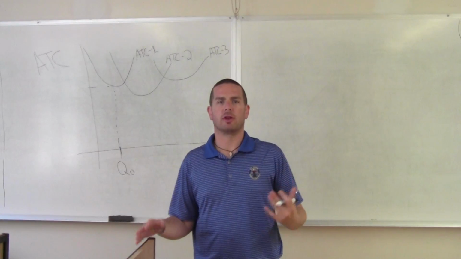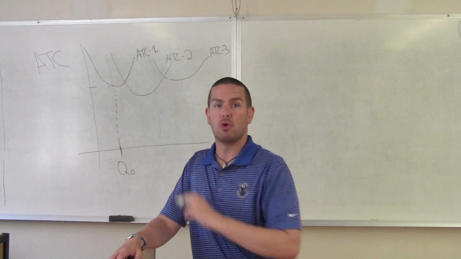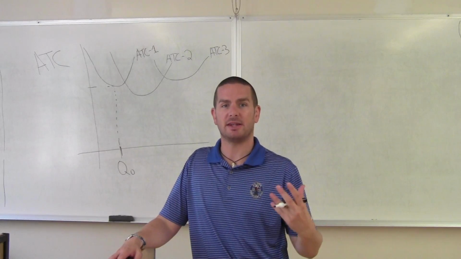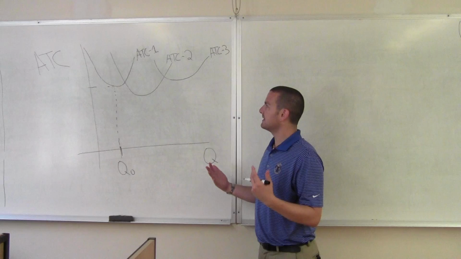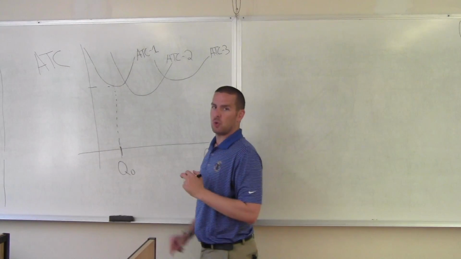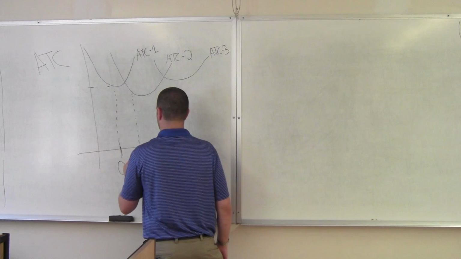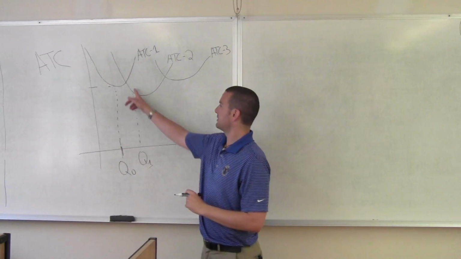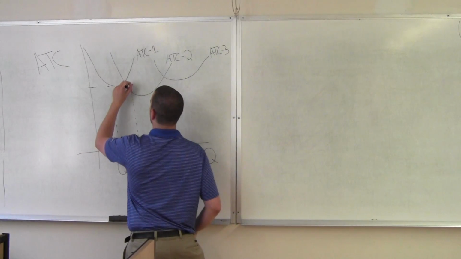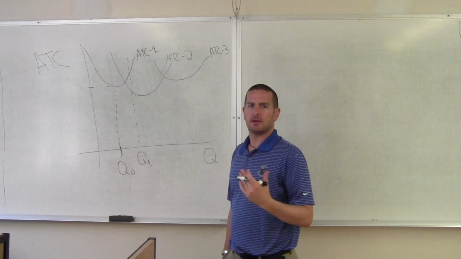Well, now it's the long run. Maybe business is booming, and they want to produce more. They want to increase their quantity. If it decides that it wants to produce this quantity, what I've labeled as Q1, it has a pretty simple decision to make.